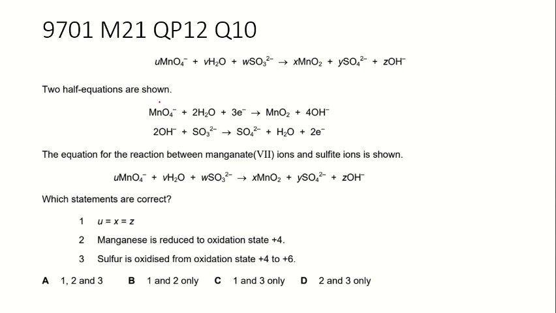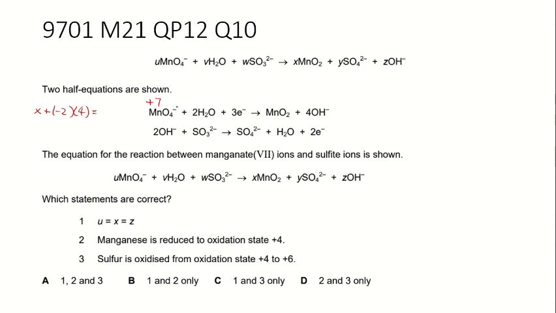So manganese in this manganate ion has a plus 7 oxidation state. Now how do I get this? I assume that I do not know the oxidation state of manganese, so I put it as X. So X is the oxidation state of manganese. Now oxygen here always has negative 2 oxidation state, so there are 4 oxygen.